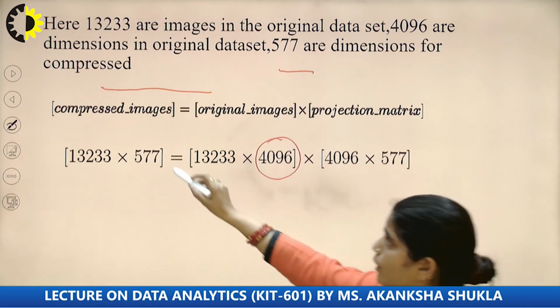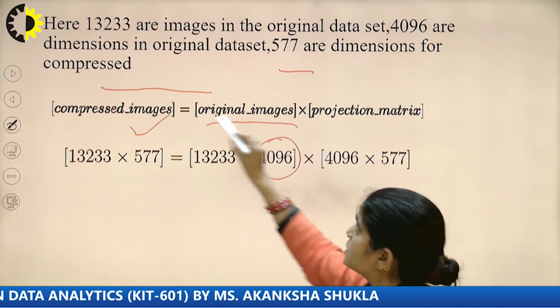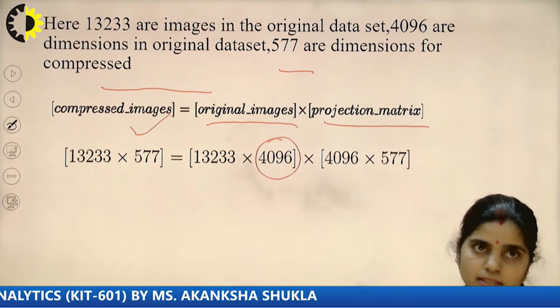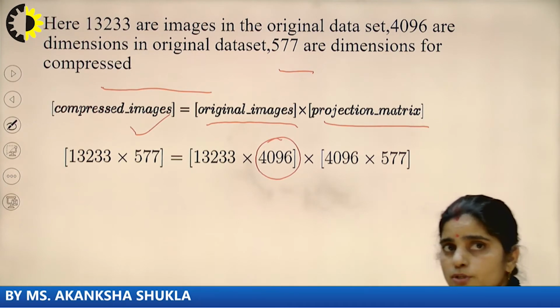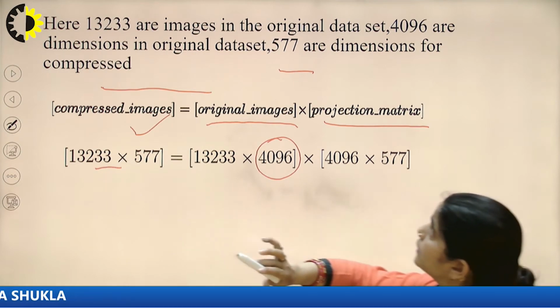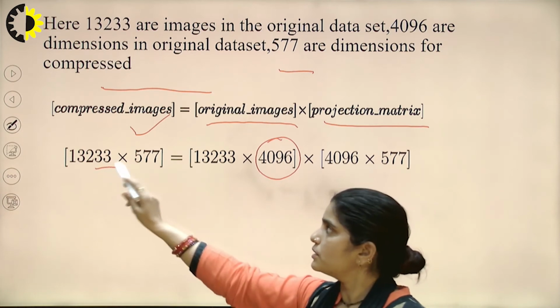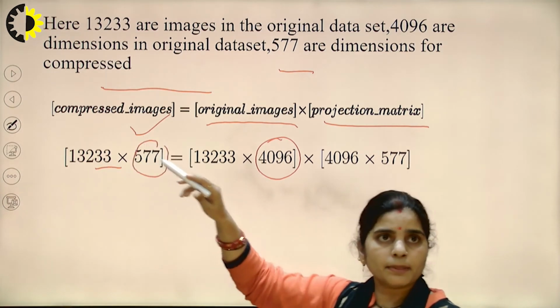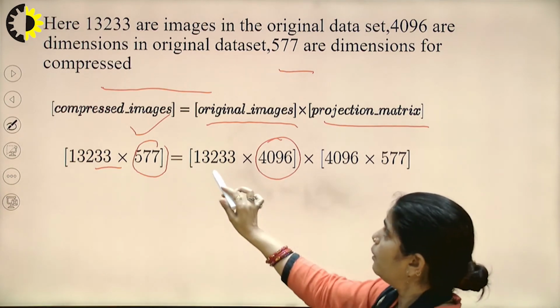The formula for identifying the compressed image is the original image multiplied by the projection matrix. So, how can we calculate the compressed image? Here, the total images in the original data set are 13,233. The compressed templates are the dimensions of the compressed images, 577.